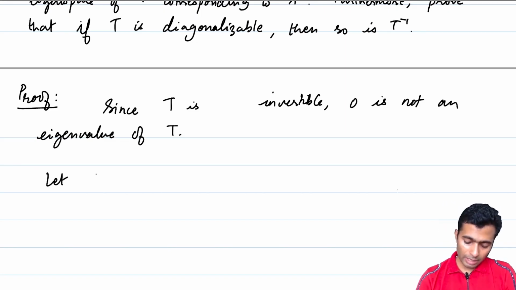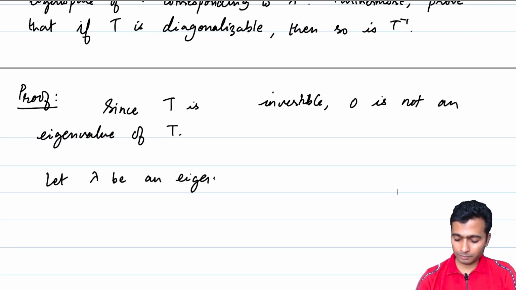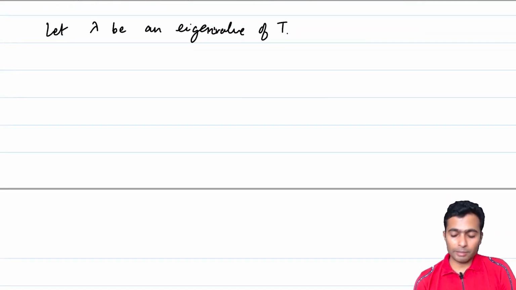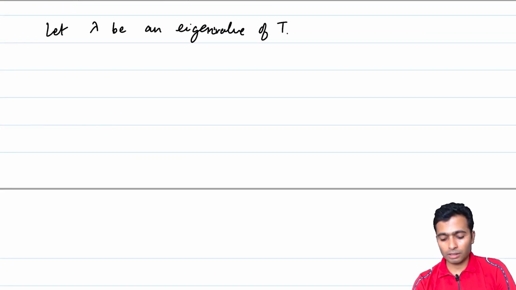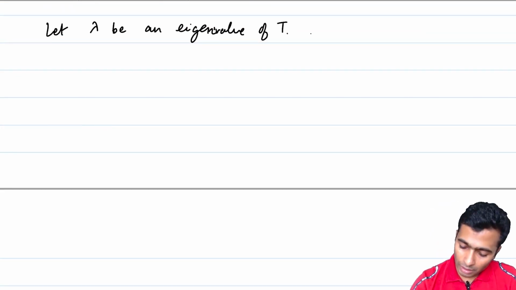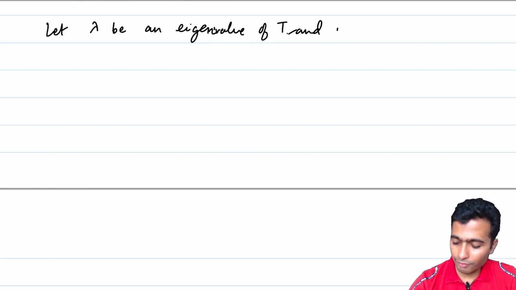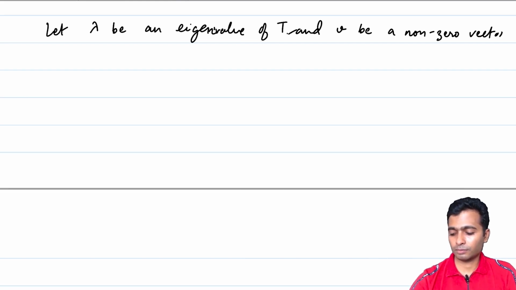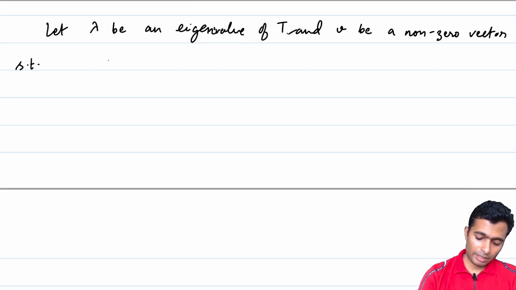So let lambda be an eigenvalue of T. And let v be some non-zero vector such that Tv is equal to lambda v.